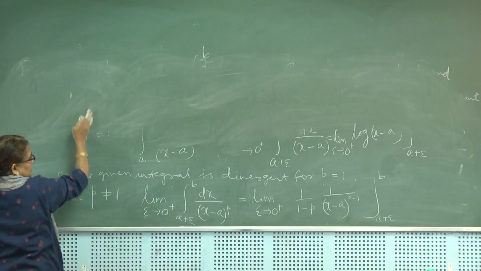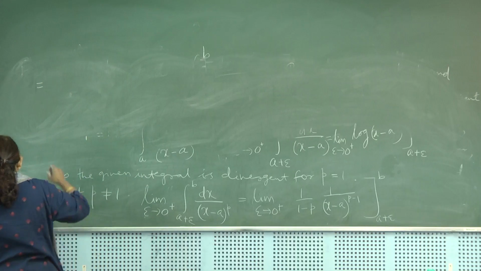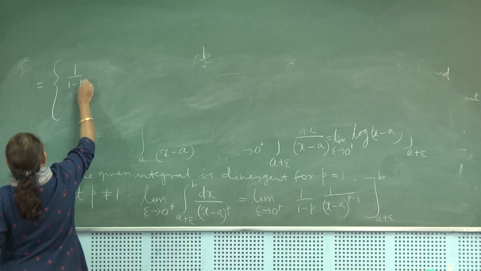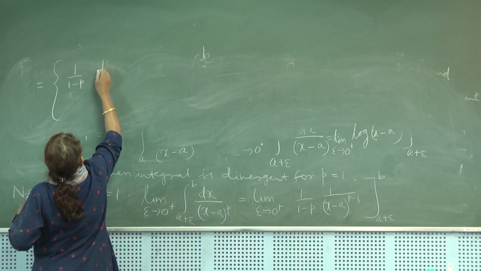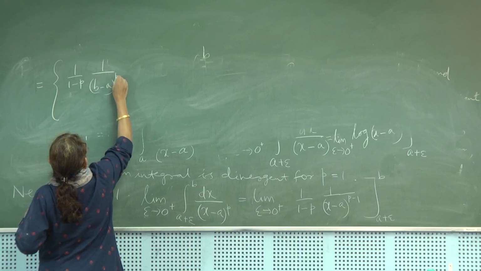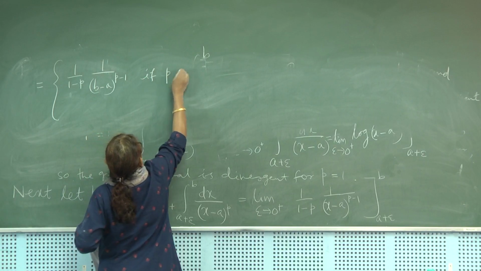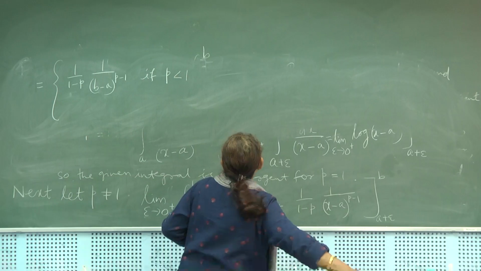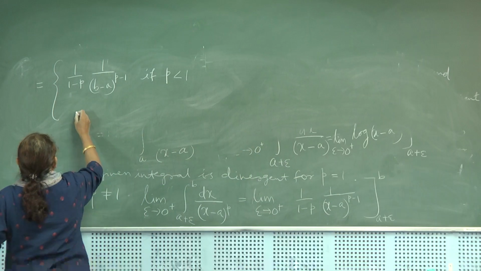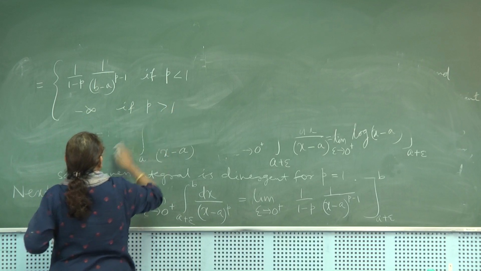Well, the limiting value here we get is like this: 1 upon 1 minus p, 1 by b minus a whole to the power p minus 1, if p is less than 1, and this is infinity if p is greater than 1.